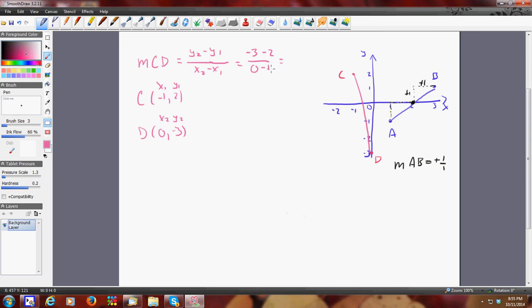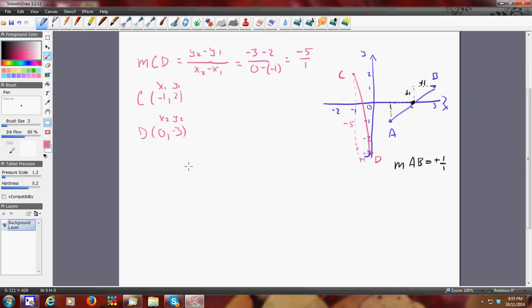It's supposed to be 0 minus a negative 1, which gives me a negative 5 over a positive 1, which means I can go down 5 and over 1.